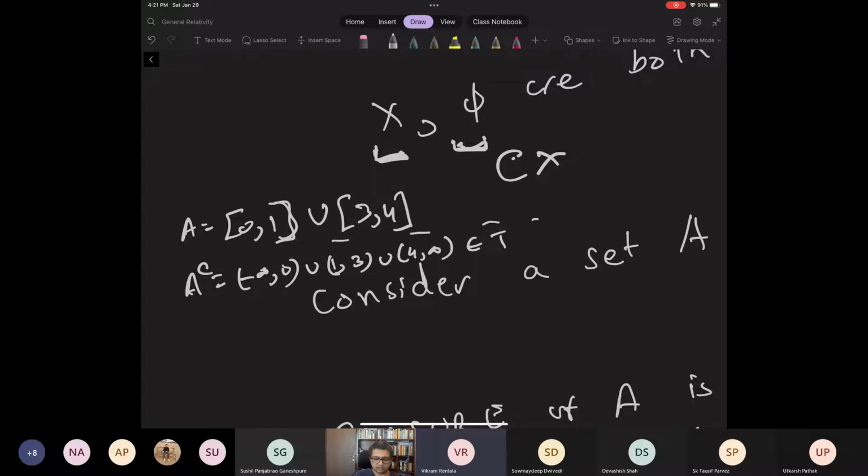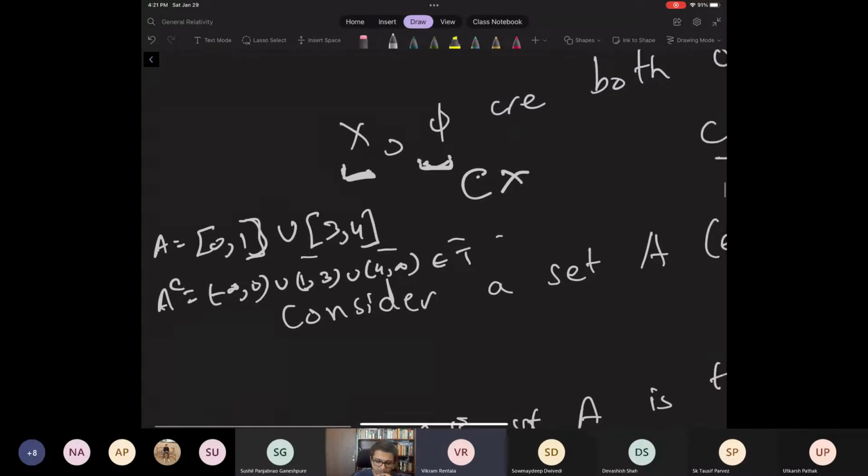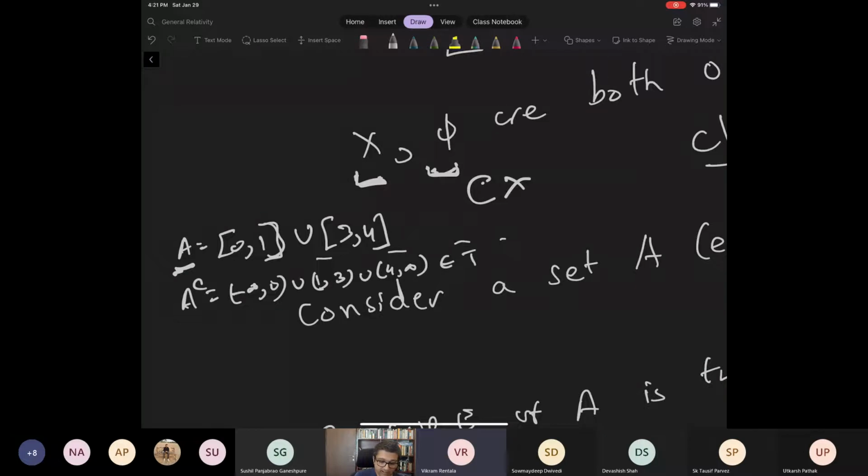Okay, and therefore this belongs to the topology, and therefore A does not belong to the topology, so A is not open, but A is closed. Okay, so A is a closed set. So unions of closed intervals also are closed sets, just like unions of open intervals are open sets.